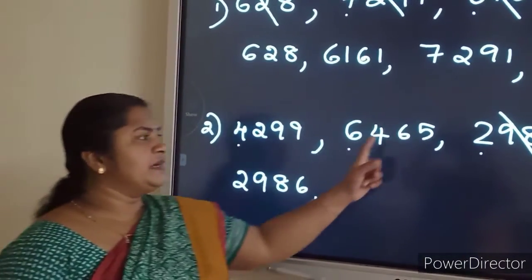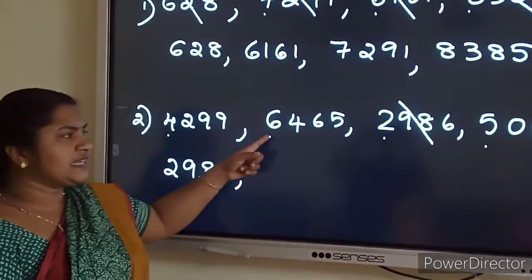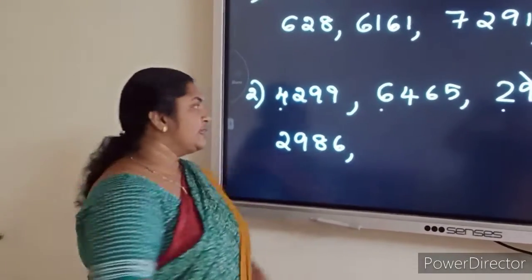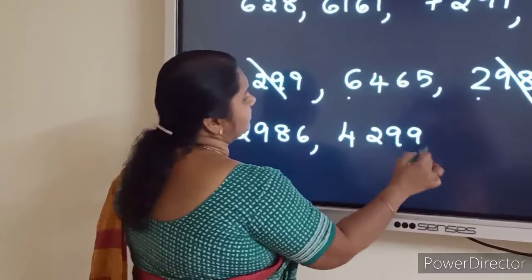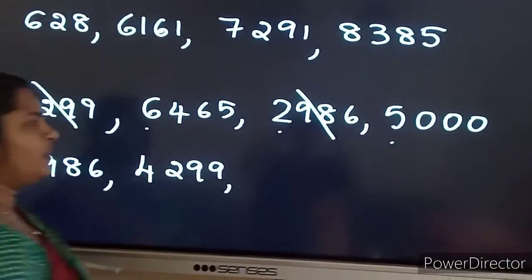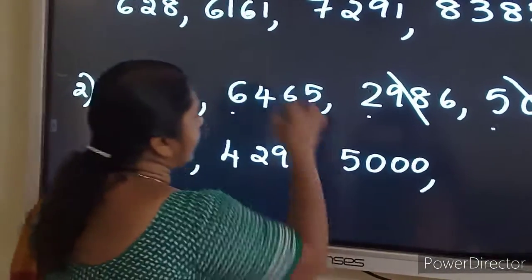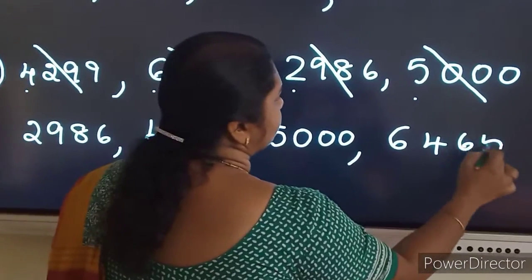Now we have 3 numbers. This one starts with 4, this one starts with 6 and that one with 5. So who is the smallest? The number which starts with 4. Now we have only 2 numbers and definitely the one with 5 we'll write here, and the one which starts with 6 will be the last.